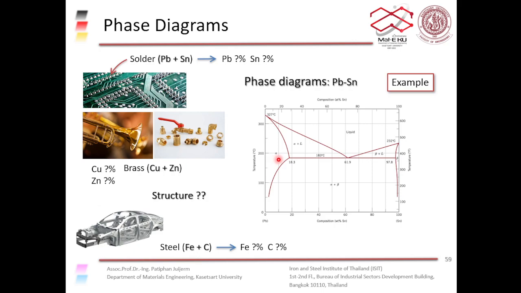Because the limit is at 18.3%. But if you add in maybe 20%, 25% tin, you get the alpha phase, and the extra tin that you put in there will give you the tin rich phase, which is the beta phase. So you get this alpha plus beta phase, right?